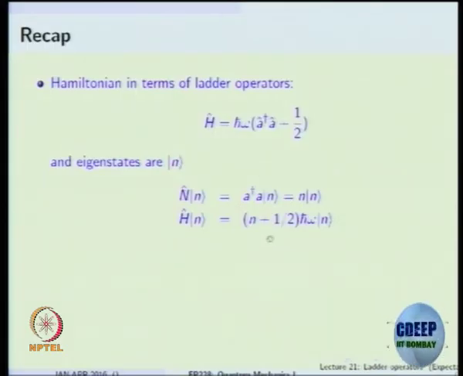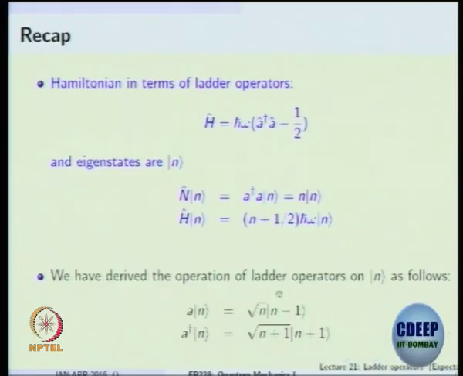And the corresponding energy of the same state, it's a simultaneous eigenstate of the number operator and the Hamiltonian, because it's just proportional to it up to a constant. So that is n plus half h cross omega. This is clear. And we also derived that these are not eigenstates of the ladder operators. A is a lowering operator which takes n to n minus 1, and this coefficient has to be strictly square root of n.